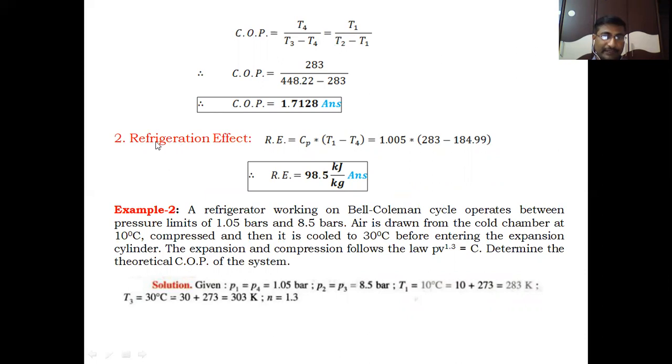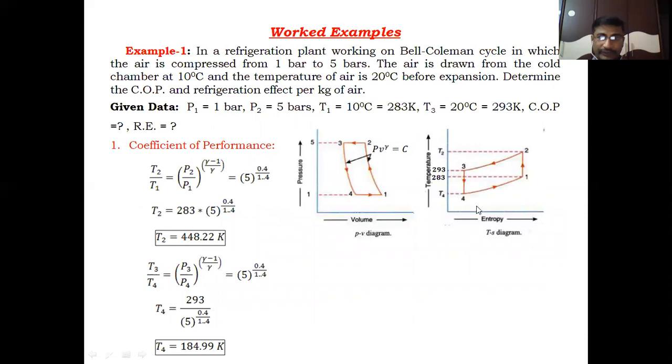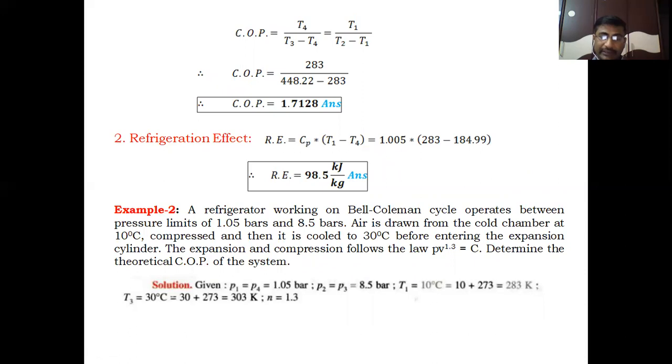And second, to calculate the refrigeration effect, as we know, the refrigeration effect is the process 4-1. Refrigeration effect means the heat extraction by the refrigerator from the required space. That process represents 4-1. So during this process 4-1, we can take the heat equation Cp into T1 minus T4 per kg.